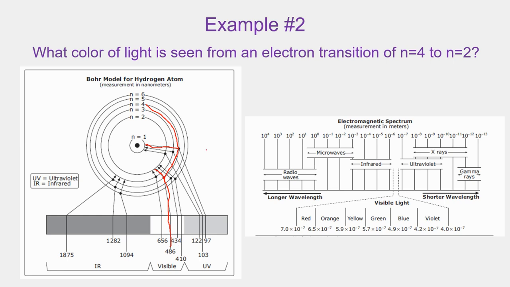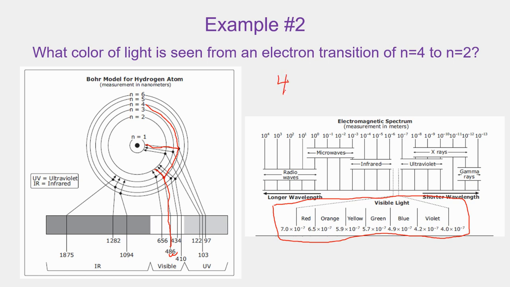However, it did not ask us for the wavelength, it asked us for the color of light. So that is going to fall somewhere here in this visible light spectrum. So we need to figure out where does it fall. Now we see that this is measured in nanometers and this is measured in meters. The easiest way to convert that is I'm just going to move my decimal 2 places and add times 10 to the negative 7.